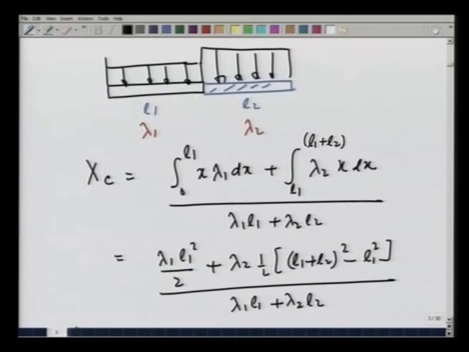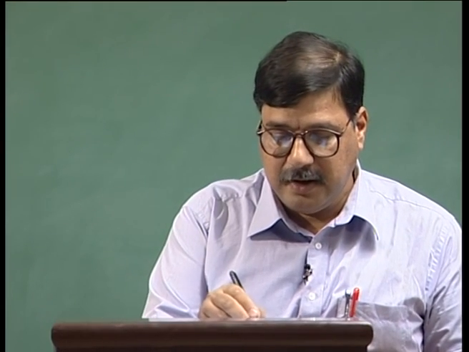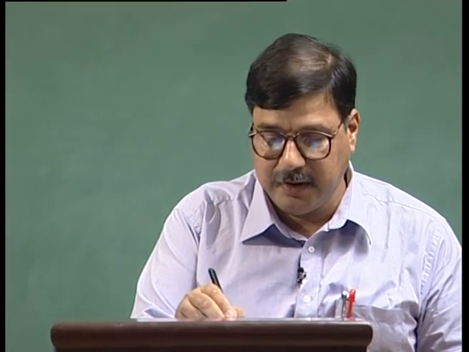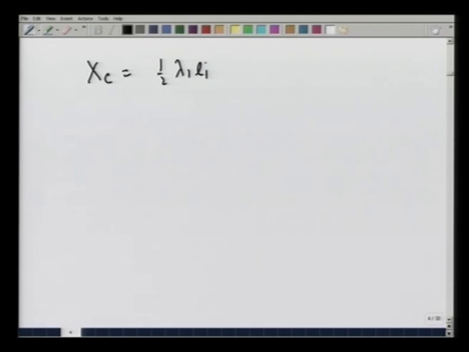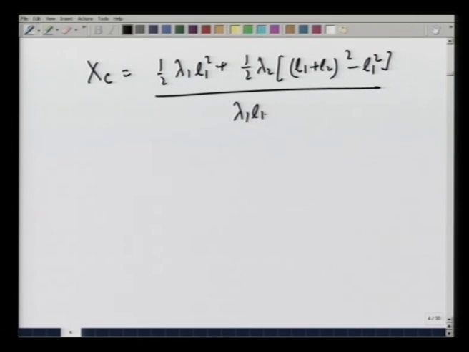You simplify this and you get x c, which we just calculated to be 1 half lambda 1 L1 square plus 1 half lambda 2 times L1 plus L2 square minus L1 square, over lambda 1 L1 plus lambda 2 L2, to be 1 half lambda 1 L1 square plus 1 half lambda 2.